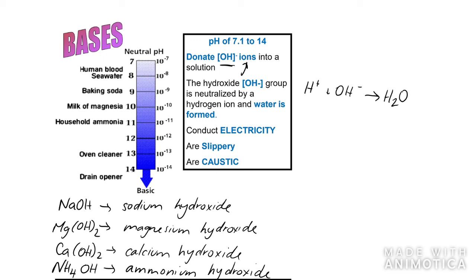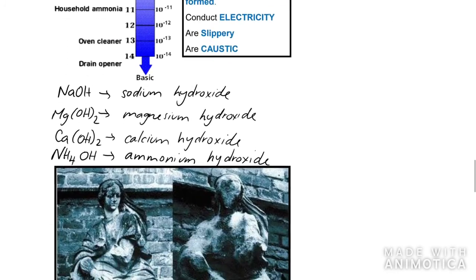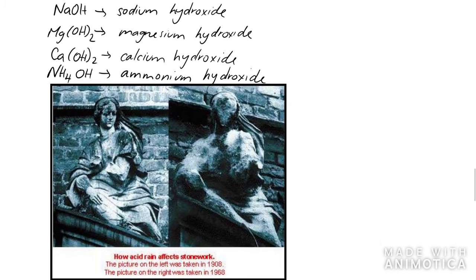So why is it important to maintain pH? Well, most living things require a pH of between 6 and 8.